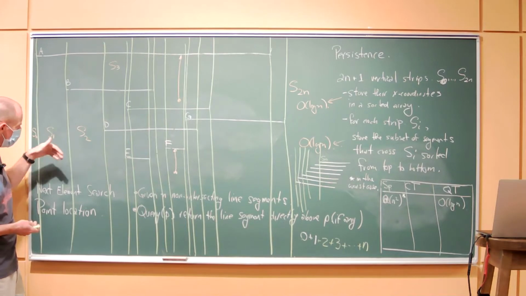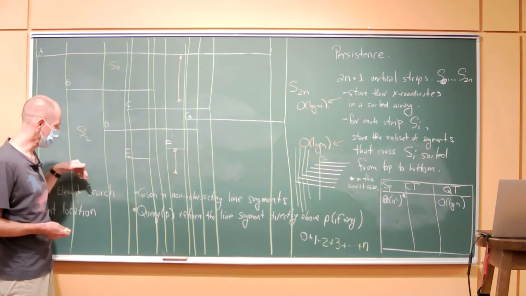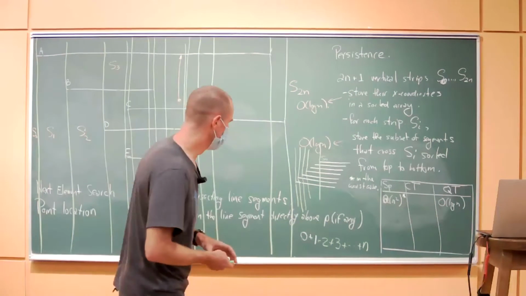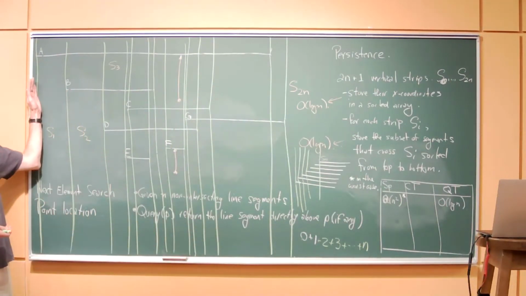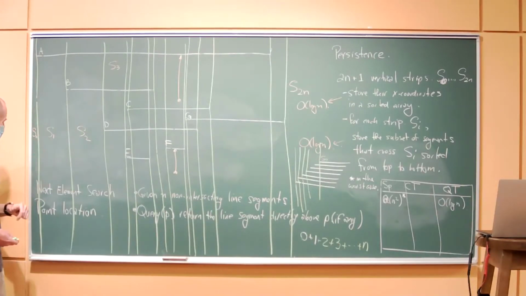And then basically in each of these strips, you want a sorted collection of the segments that intersect it. Well, that's also not hard. So initially in S0, you know there's nothing in that collection. In S1, the reason you go from S0 to S1 is because you encountered an endpoint here, which means that the thing that crosses S1 is the segment whose endpoint you just encountered.